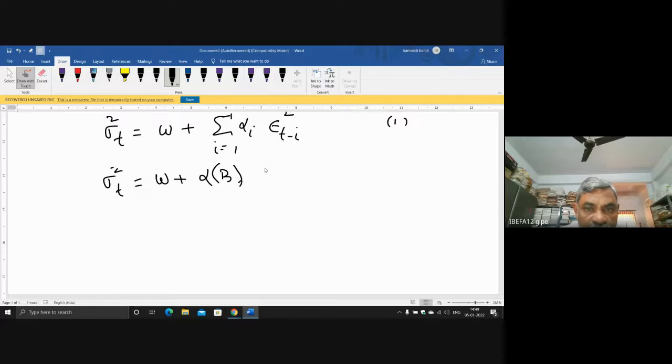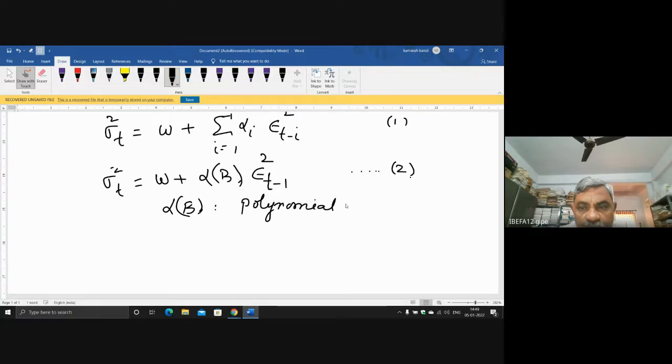I think this notation must be familiar to all of you. We call this equation 2. Actually, 1 and 2 are the same, only differently represented. 2 is nothing but the short form of 1, and here alpha(B) is a polynomial in the backshift operator B.